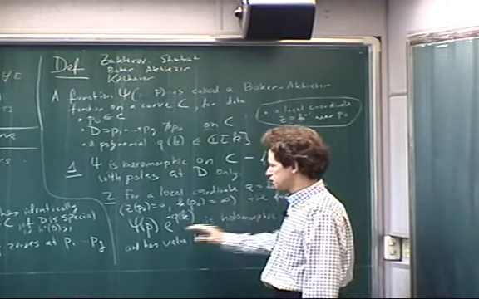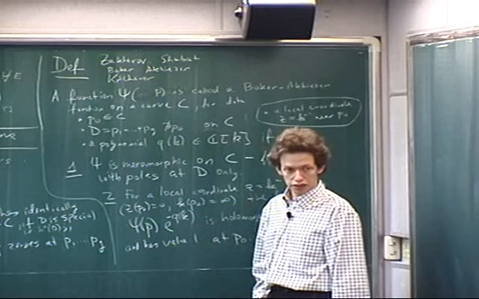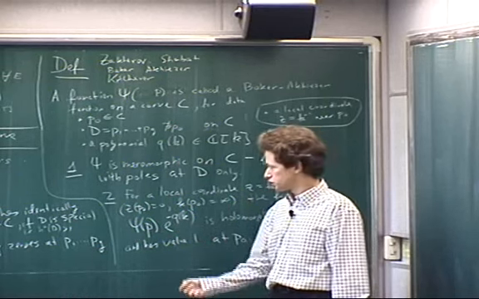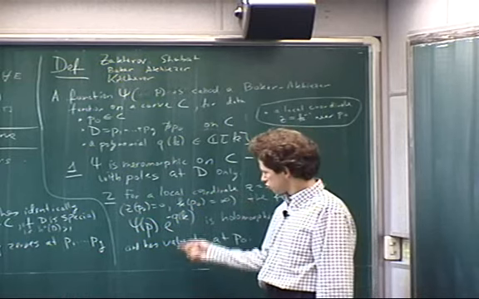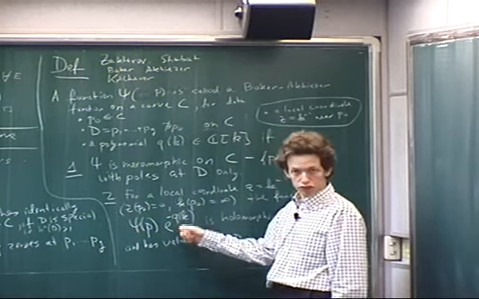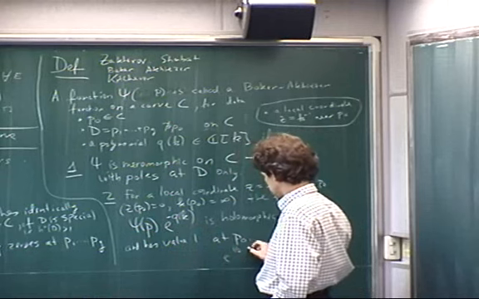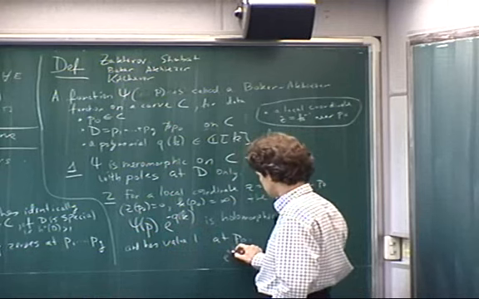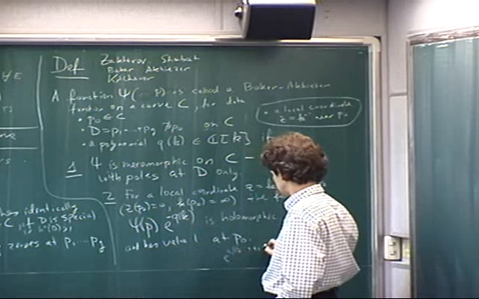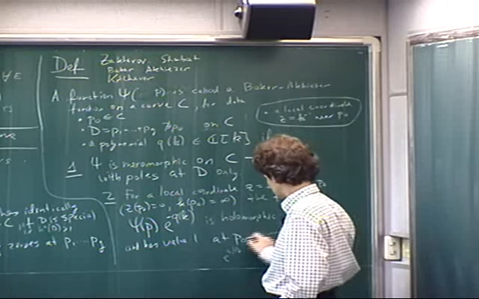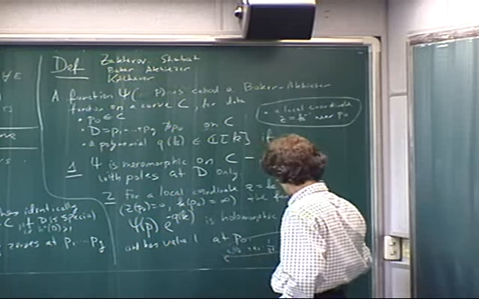So what this means is that I am allowing the function psi to have an essential singularity at the point p naught, which will locally look like e to the q of k. So it will locally look like e to the 1 over z plus some coefficient a times 1 over z plus some coefficient a2 times 1 over z squared plus and so on, corresponding to the polynomial q.